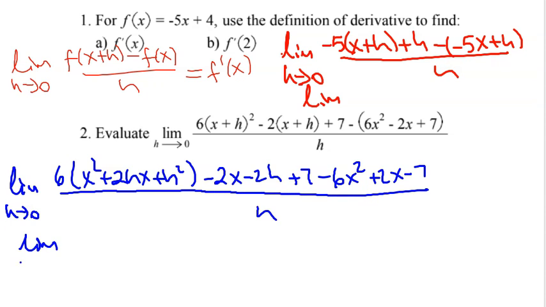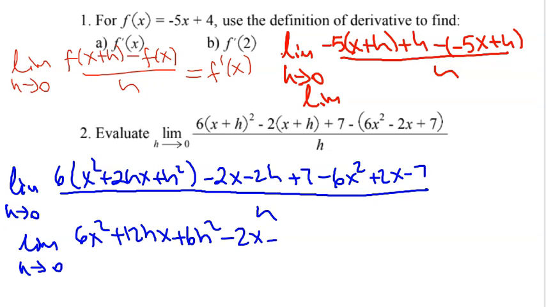So let's distribute this 6 into the parentheses. We get 6x squared plus 12hx plus 6h squared minus 2x minus 2h plus 7 minus 6x squared plus 2x minus 7, over h.